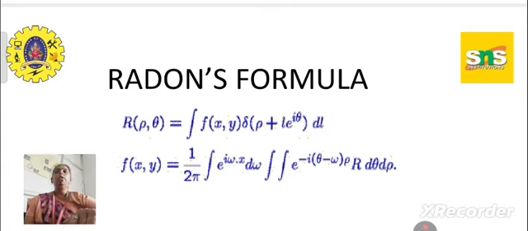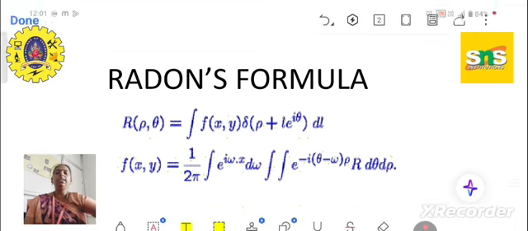In forensics math, they use the Radon formula, Rp of theta equals the integral of f of x comma y delta p plus i, where f of x comma y equals 1 by 2 pi, integral e power i w1x d omega, double integral e power minus i theta minus w r d theta and d pi.